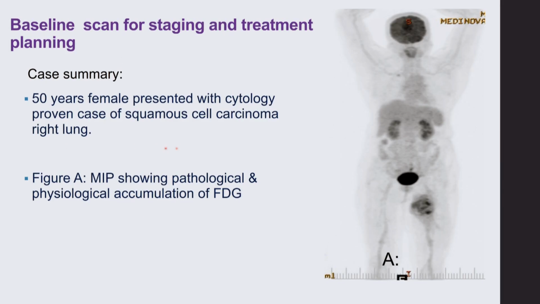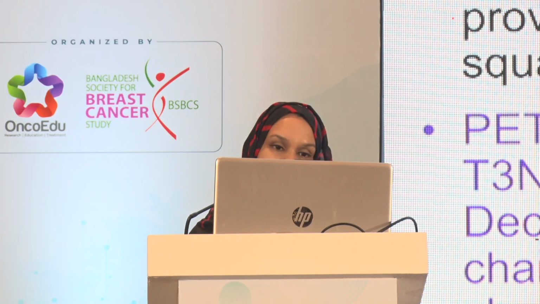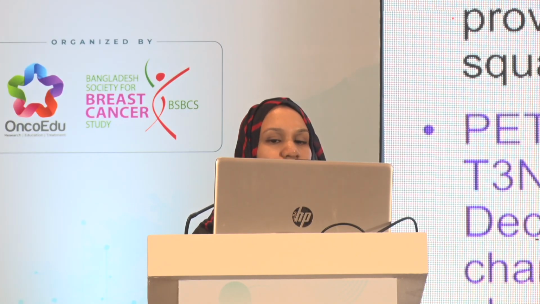A 50 year old female patient presented with a cytologically proven case of squamous cell carcinoma in the right lung. This patient shows a small lesion in the right lung, but there is another hypermetabolic lesion in the left upper thigh. On axial imaging, the primary lesion is very small, in the anterior segment of the right upper lobe, and there is a tiny nodule in the right lower lobe, another tiny nodule in the left upper lobe, and a large mixed density mass in the left upper thigh and also a nodal mass.